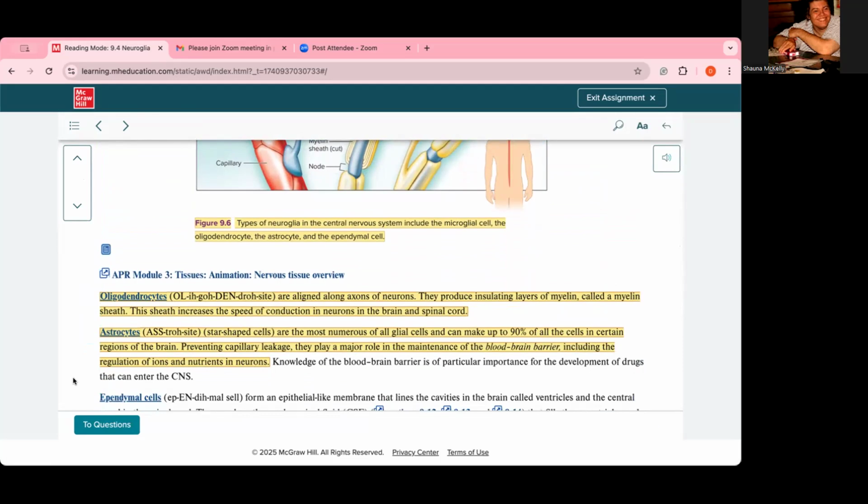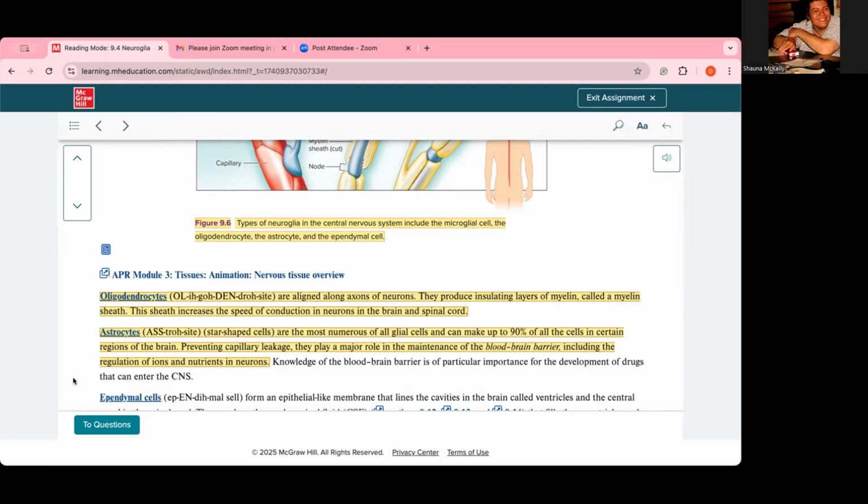They produce insulating layers of myelin called a myelin sheath. This sheath increases the speed of conduction of neurons in the brain and spinal cord. So oligodendrocytes are the ones that produce it.